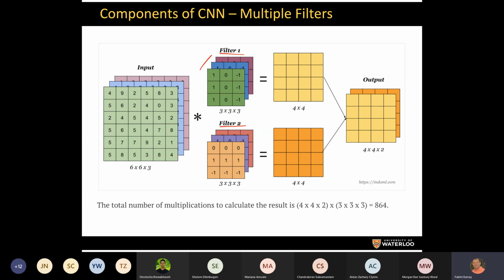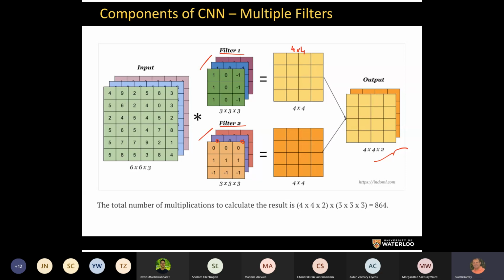The same thing here, because the filters have to be replicated for every one of these channels. You can see we are applying these filters, and we end up with 4 by 4 here for the output. And since we are dealing with 2 filters, the convolution is going to provide us 4 by 4 by 2.